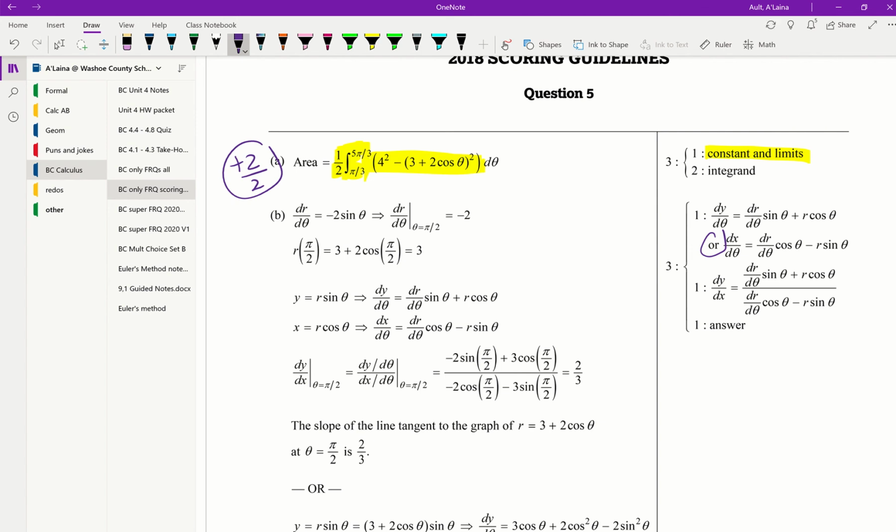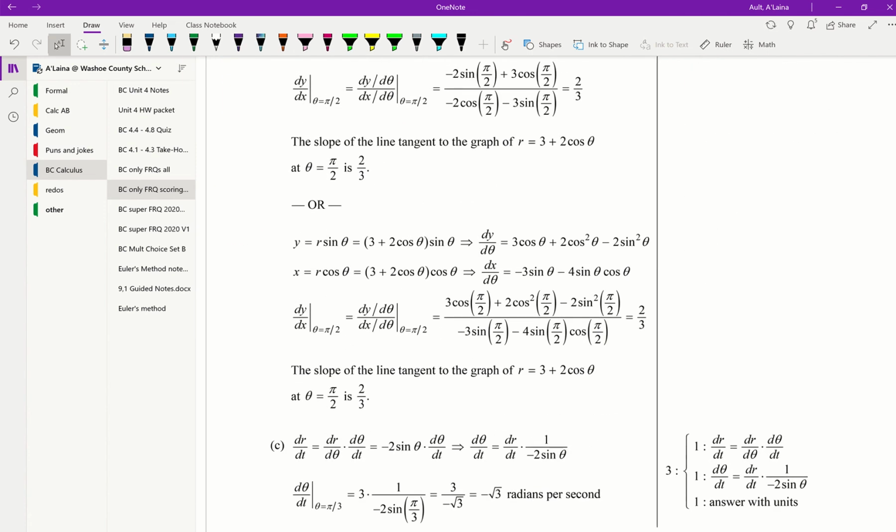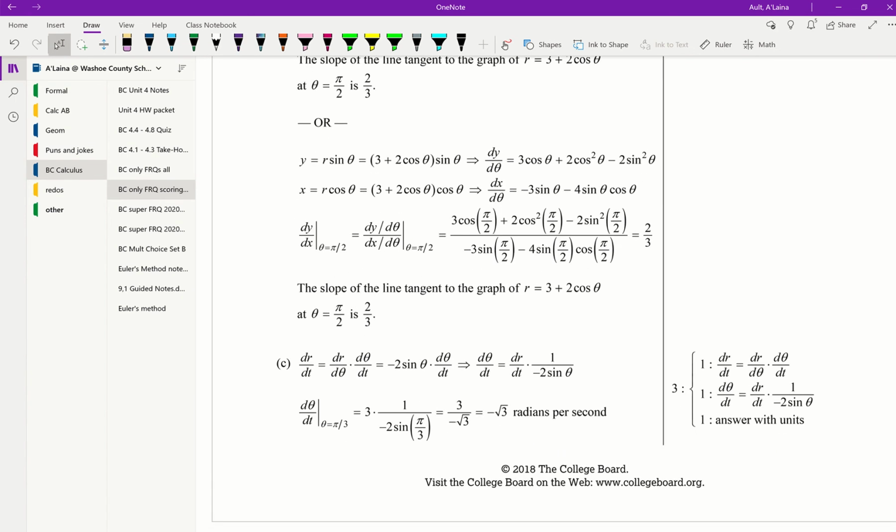They could look at that and tell that you did the derivative of y with respect to theta or x with respect to theta correctly. So if you actually started here, you get both the first and the second point, and then the answer is 2/3, which we got. All right. And then here's another way where they evaluate at a little bit different pace, but it's the same thing.